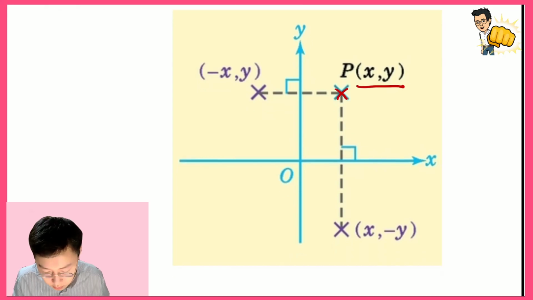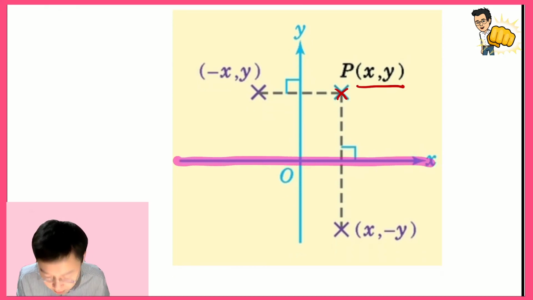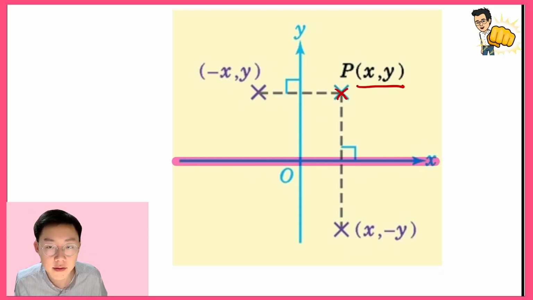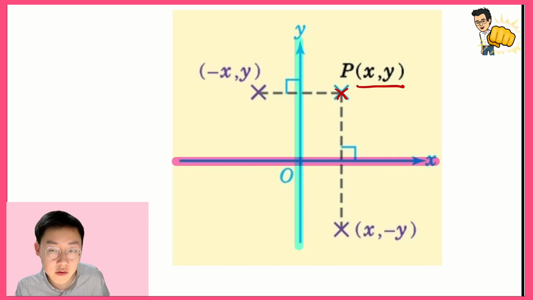Now we can see this axis is the x-axis, and this one is the y-axis. If we want to reflect point P along the x-axis, what is the final position of the reflection?